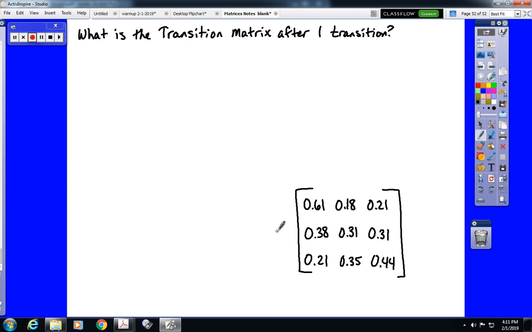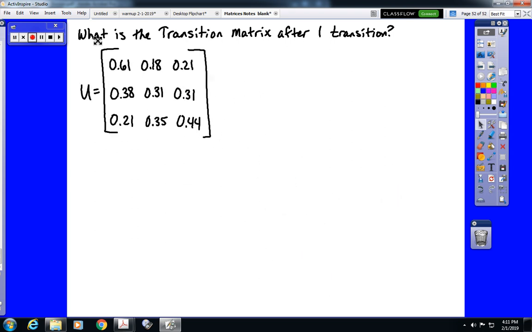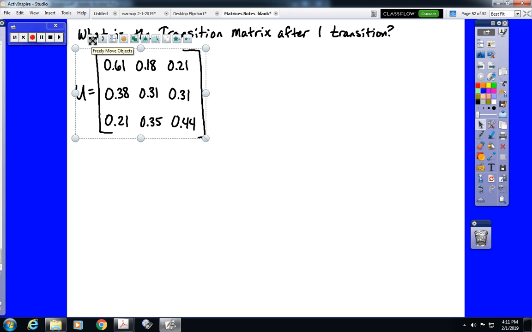This is matrix U. So what we would do is take matrix U, and if we want to know what it is after one transition, that would be the matrix U squared. So we would multiply this matrix by U again to turn it into U squared.